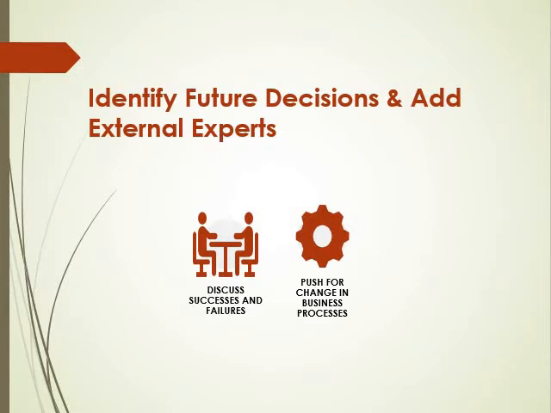We can't always rely on organizational leaders to describe what should be included in the design. So we must also be able to push for change in business processes. Additionally, we must also add external experts to the conversation. These external experts may also be able to point to organizational needs for the database.